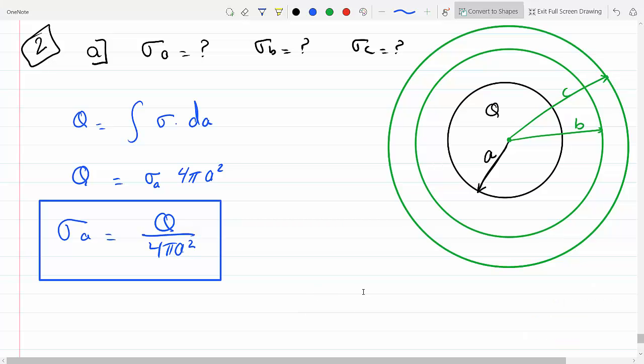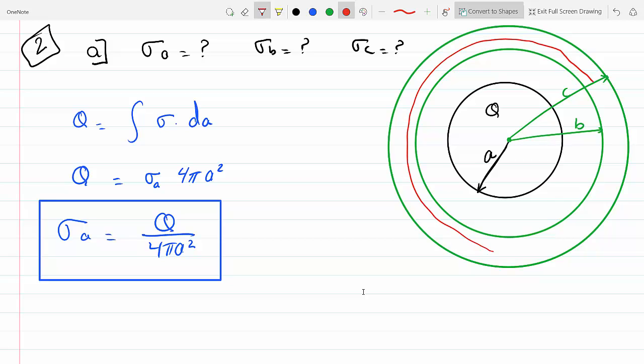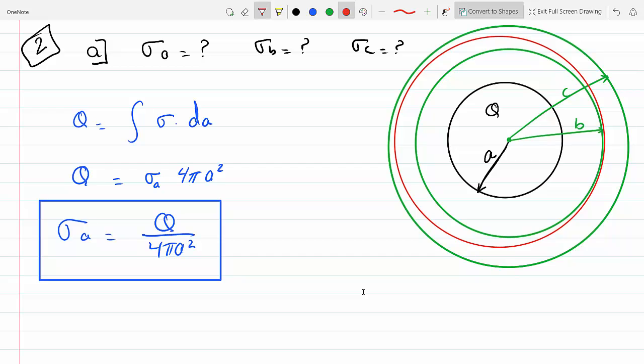Yeah, because if this is a conductor, let me just do this correctly.